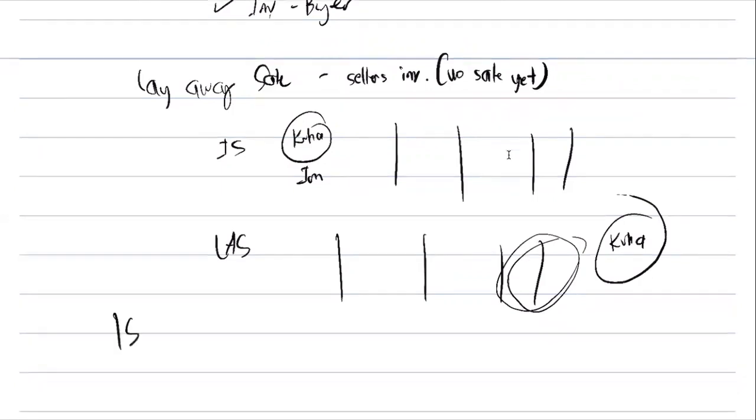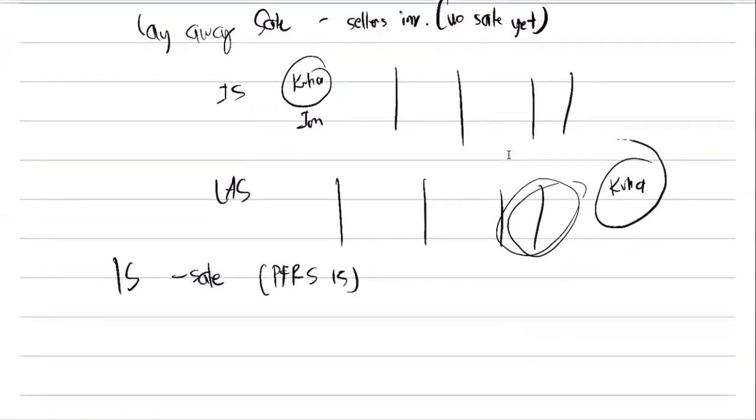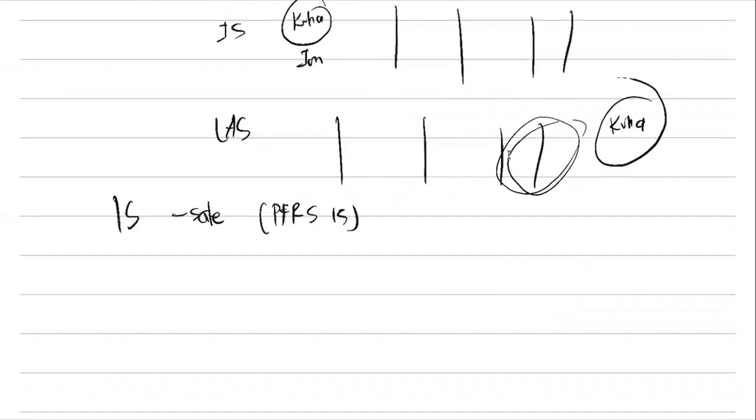How about an installment sale? This is already considered a sale under PFRS 15 because although it is an installment sale, we no longer look at the collectability, because under PFRS 15 we have the 5-step model.